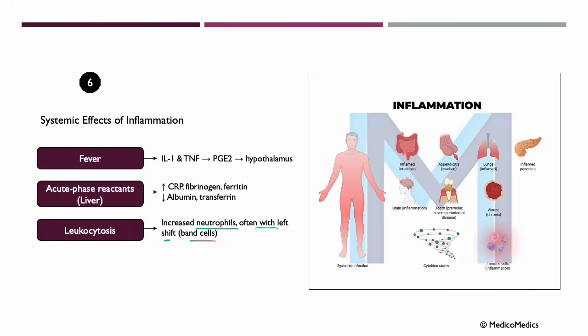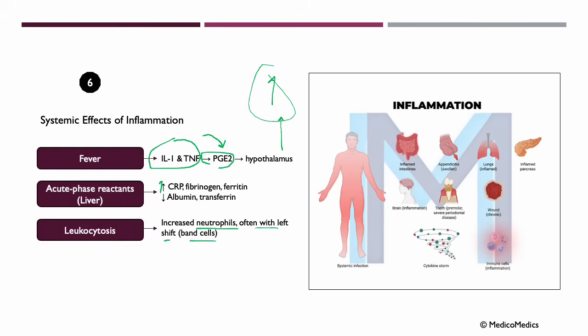So in response to the interleukin-1, for example, and tumor necrosis factor alpha, we had the synthesis of prostaglandin. Prostaglandin E2 tells the hypothalamus, elevate the set point. Result, we get fever. In our blood, we see the elevation of our C-reactive proteins.